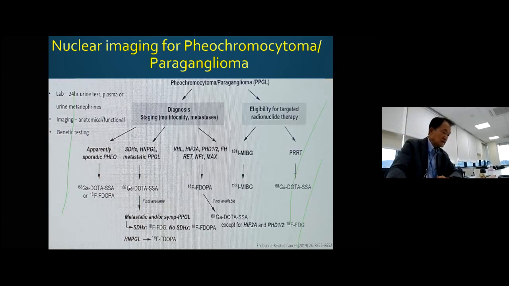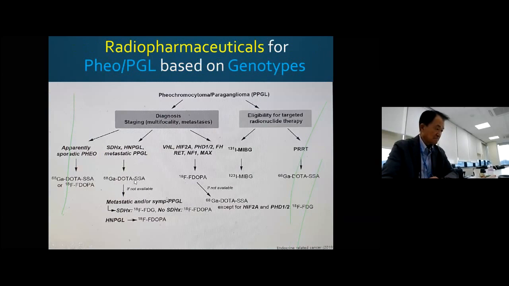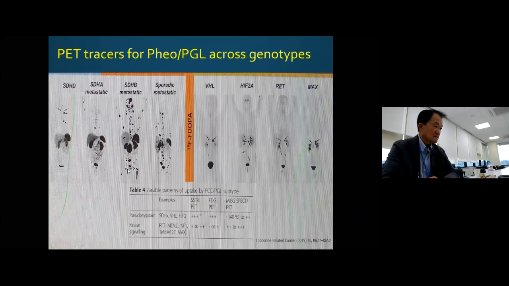But these agents show different results depending on these genes. So again, same thing. Sometimes this somatostatin receptor is better on certain gene mutation. It's like this.